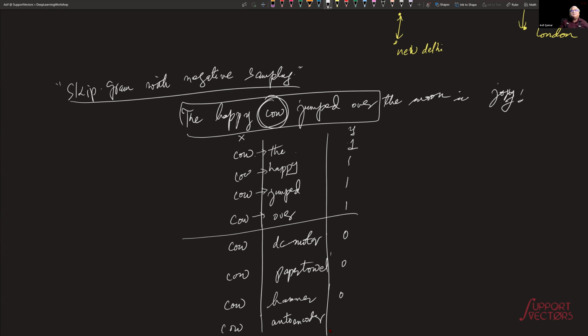Very unlikely that these two words would be in the same sentence, except here, right? So 0. I'm creating a data set where the Y is whether or not there is evidence that these two words coexisted or co-occurred. So cow and the did co-occur, cow happy co-occurred, cow DC motor didn't co-occur, cow autoencoder did not co-occur, right? So this is your X1, X2. Are we together?